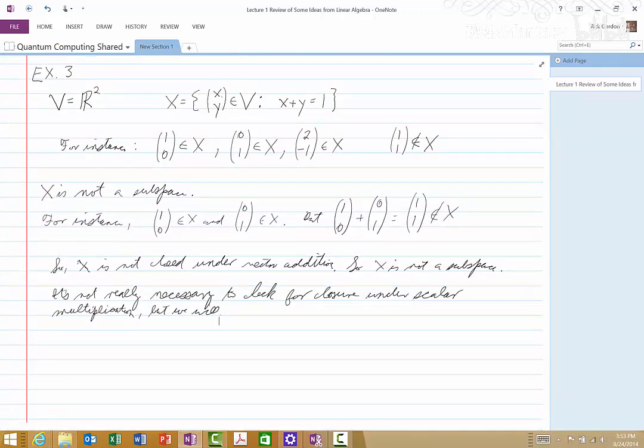I want to make sure you understand that. Since X has already violated property 1, it is not closed under vector addition. That's it. It definitely cannot be a subspace, because to be a subspace, it has to satisfy both property 1 and property 2. So we don't really need to go any further, but just for practice, we will.